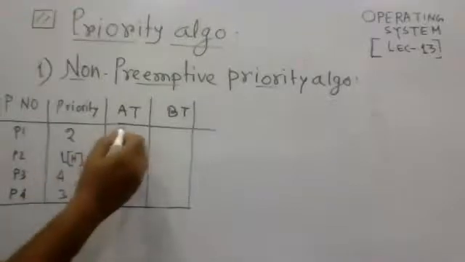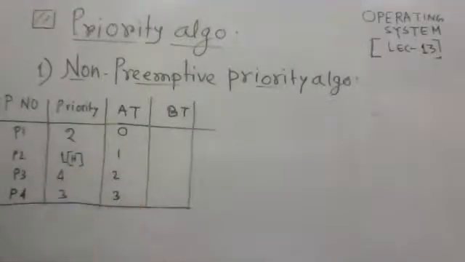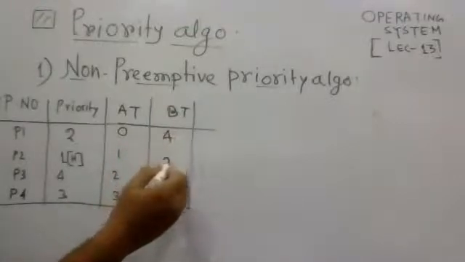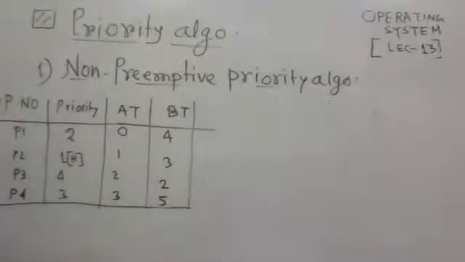Arrival times given 0, 1, 2, 3. Burst times given 4, 3, 2, 5, suppose. Okay, so this is the given data.